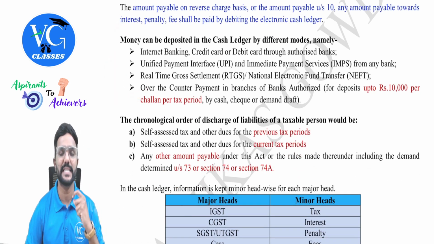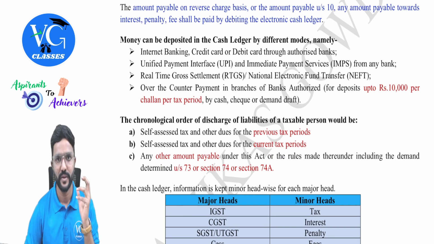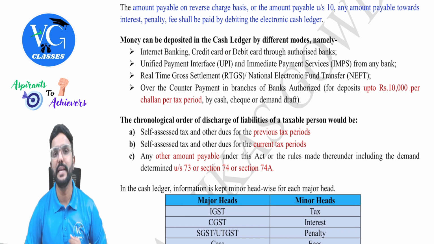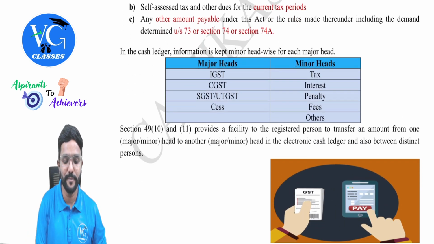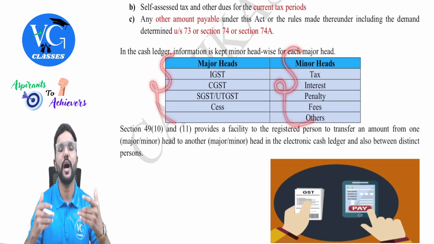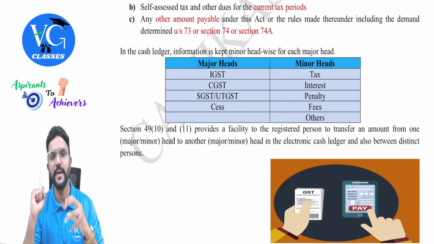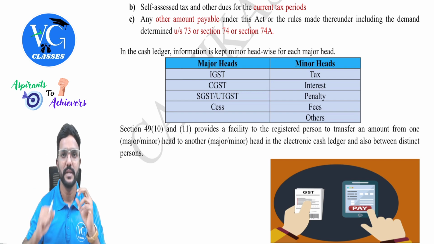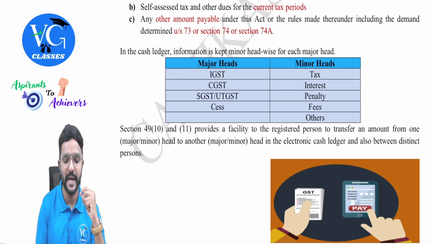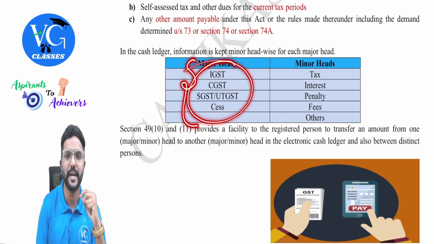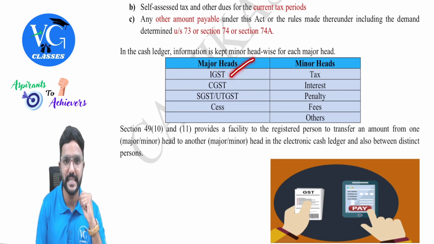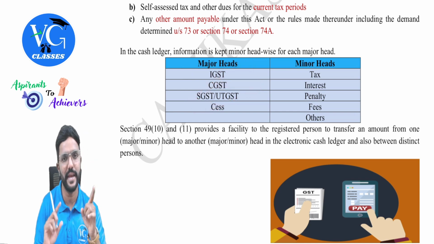Guys, we need to generate a challan in PMT 06 telling how much amount we are willing to deposit and under which major head, under which minor head, how much amount. Clear? So whenever we are generating the challan in PMT 06, we need to mention how much money we are depositing under each major head. So totally there are 4 major heads, that is IGST, CGST, SGST or UTGST, not both, any one.